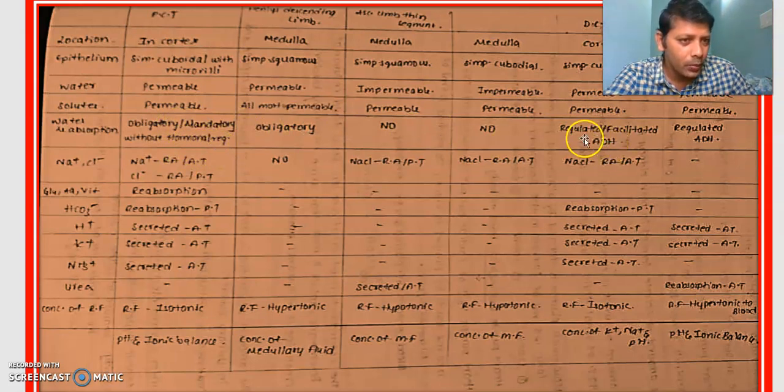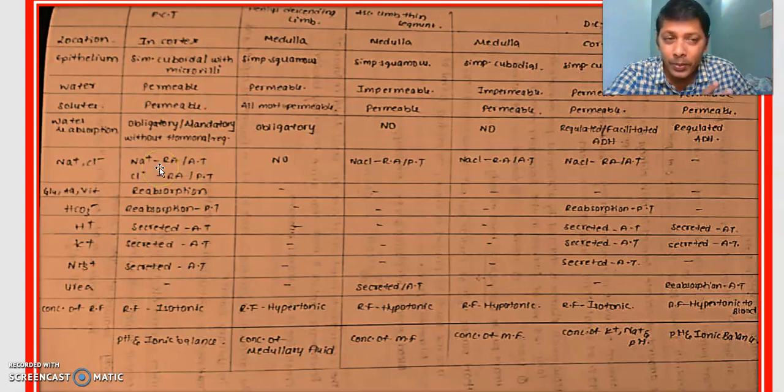But in facilitated reabsorption, there is hormone regulation by ADH. Here no hormones work. Obligatory or mandatory reabsorption without hormonal regulation takes place in the PCT. Next one, Na+ and Cl-.